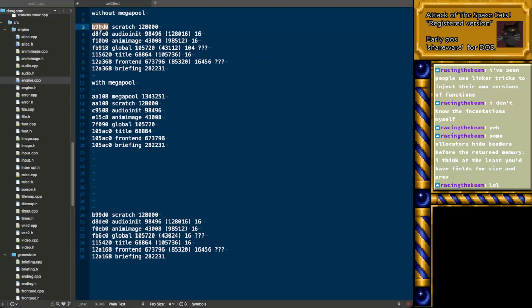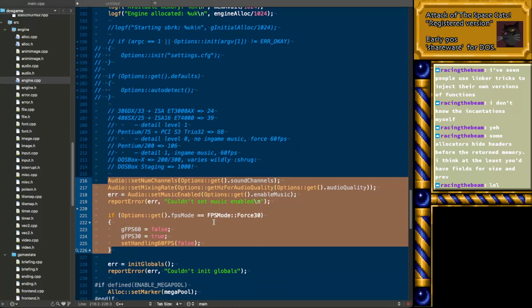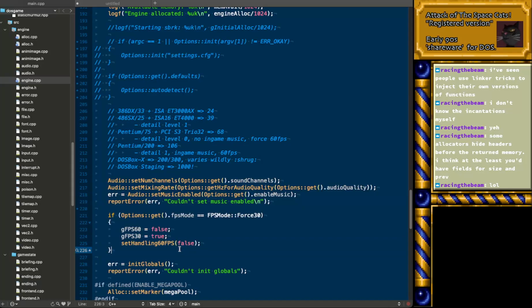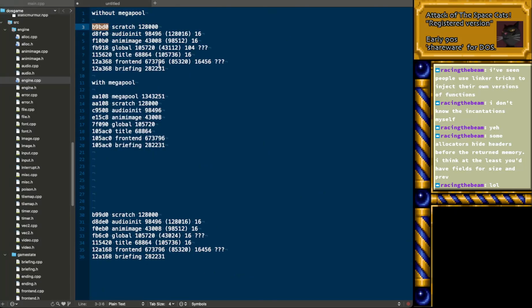B9BB0. So, okay, now we're back to the 512 byte offset, which is presumably just relating to executable size. That's my guess at the moment, if either of these bits of code can cause it to happen.